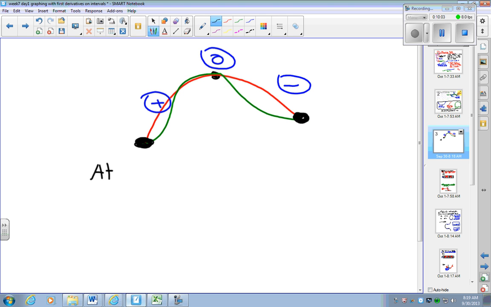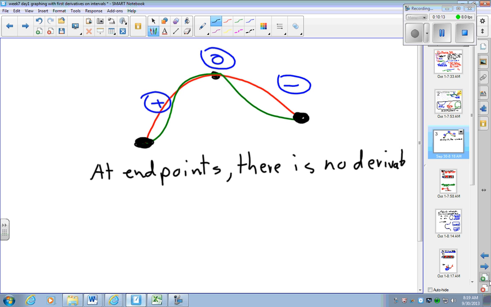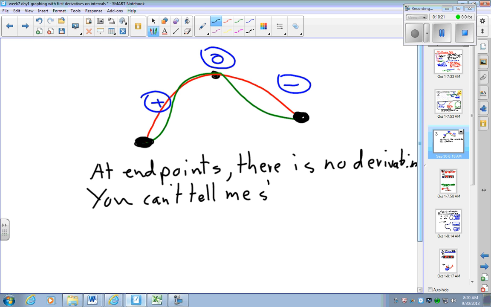At endpoints, there is no derivative. You can't tell me slope because you are on a cliff.